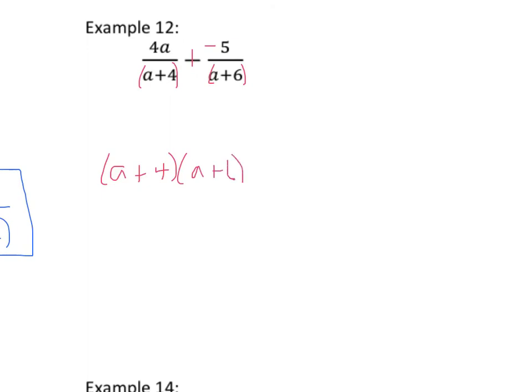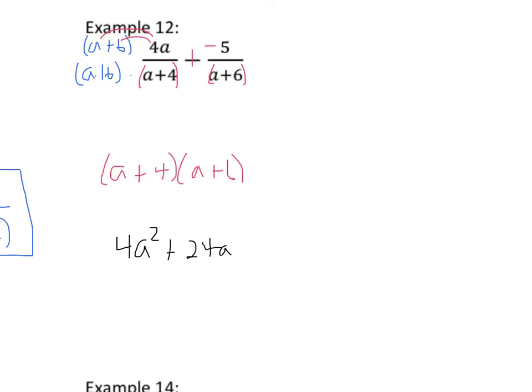Now we shouldn't FOIL, we just leave it as is and that'd be fine. So the first fraction has the a plus 4 but needs the a plus 6. Now it's a binomial, so you're going to have to distribute that 4a, which will give us 4a squared plus 24a.